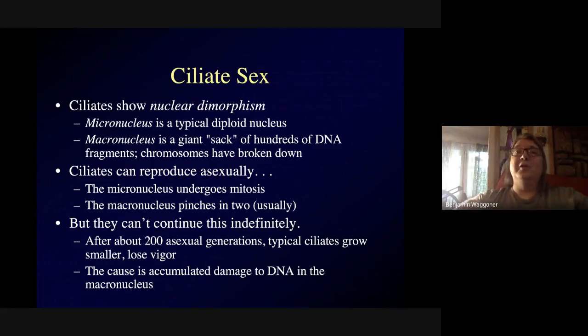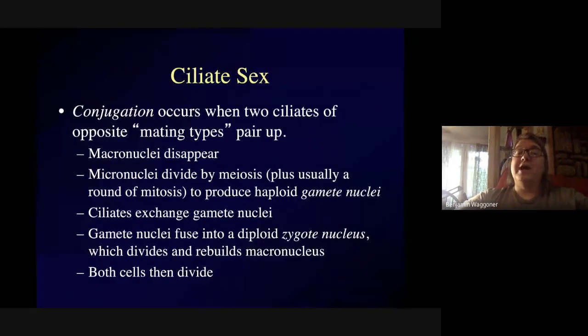You're mixing your DNA with somebody else's, and when you do that, you can produce offspring that didn't inherit your bad genes, but instead inherited your partner's better genes. It's actually a way of DNA damage repair. In fact, we think that's why sex evolved in the first place. And when they do it, it's called conjugation.